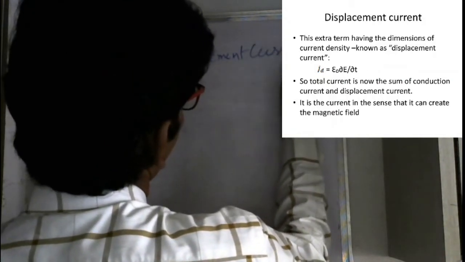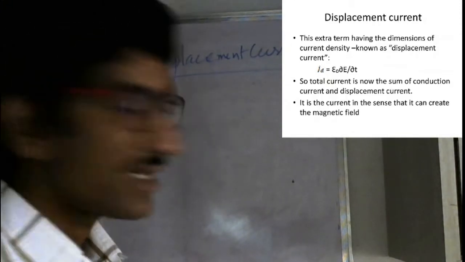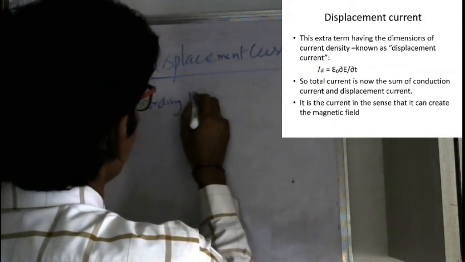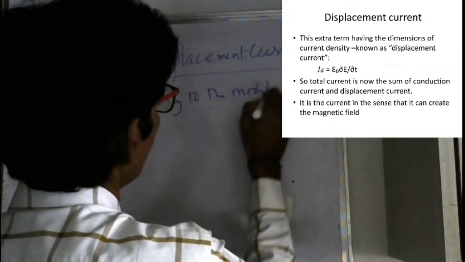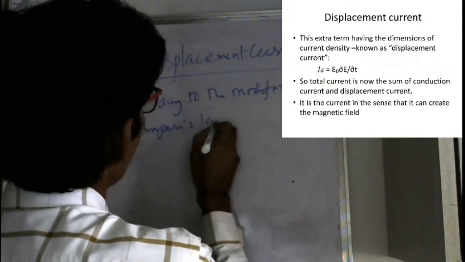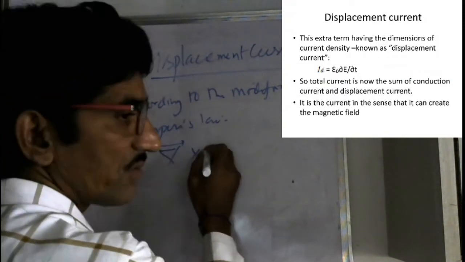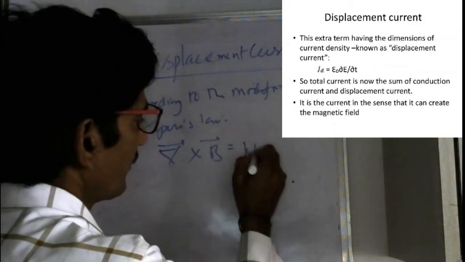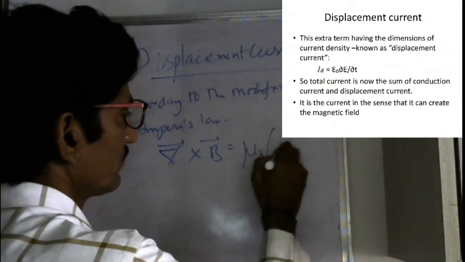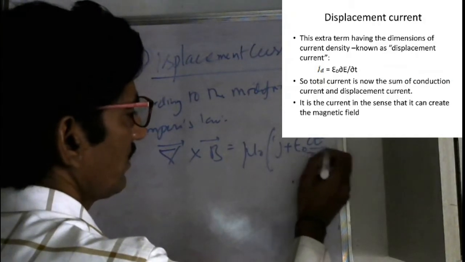Displacement current. See, again, let us go for the modified Ampere's law. According to the modified Ampere's law, on this side you have del cross B is equal to mu naught J plus epsilon naught dou E by dou t.